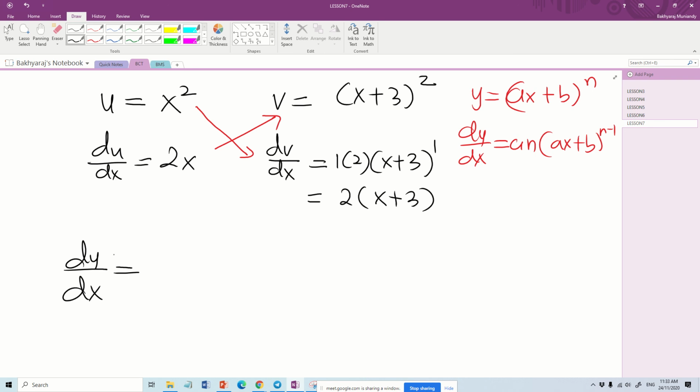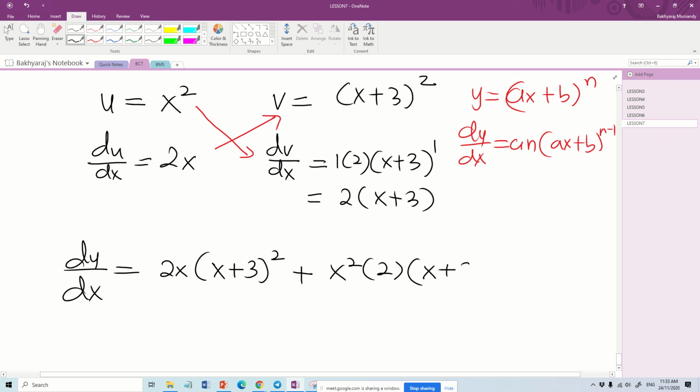Ini kena expand sir. Kita kena factor. Rather than expand, kita kena factor je. Oh, keluarkan x lah. Ya, correct. Betul. You kena keluarkan (x plus 3) tu. So first step is what? 2x times (x plus 3) square, and then plus x square times 2 times (x plus 3).